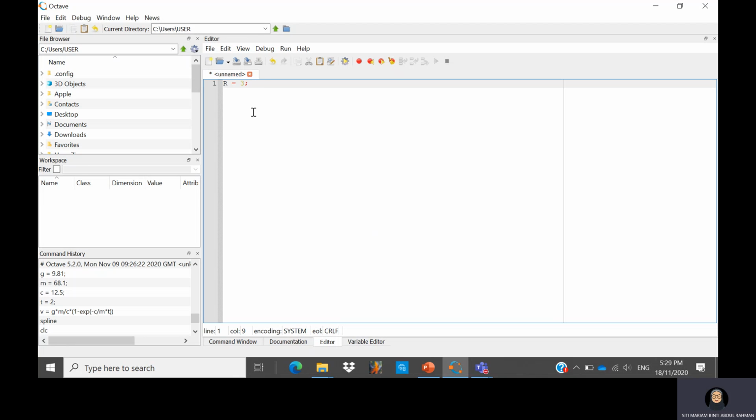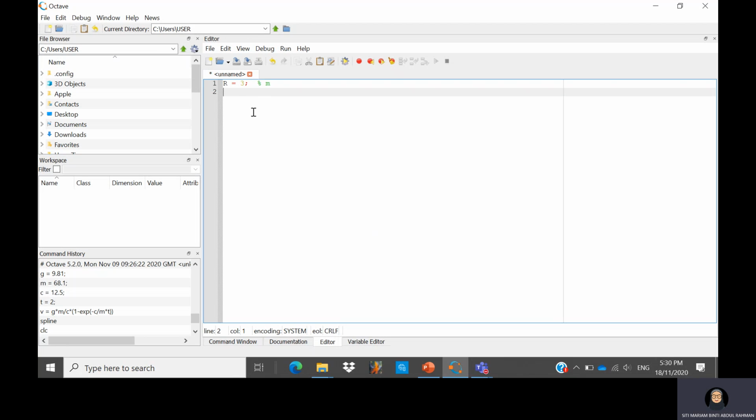You cannot put the unit in the program itself, but you can always put it as a comment. So you can put it here, M, so that later on when you revisit the program, you know that R is the radius, which is in meter.